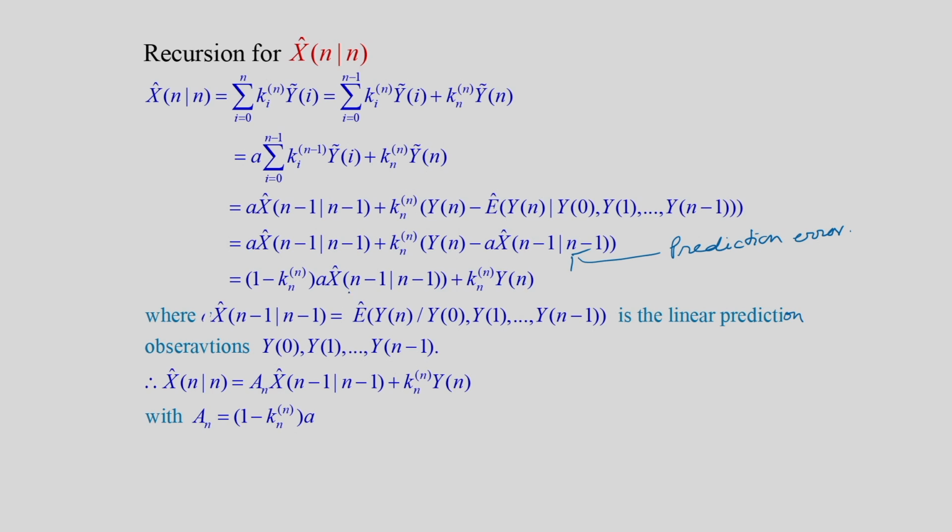That way we see the importance of Kalman gain in this estimation. Thus, we have this relationship which we described earlier, that the current estimator is a linear combination of past estimator and current data.